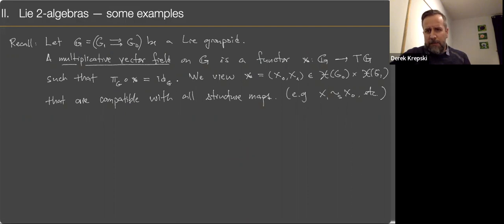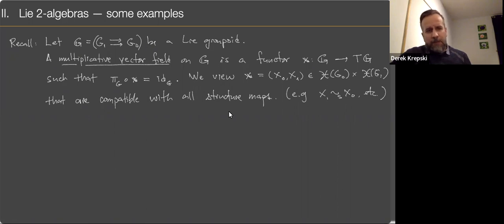It's a functor from the groupoid to the tangent groupoid, and that functor is like a section of the projection from the tangent groupoid TG to G. If you think about what this boils down to, it boils down to a pair of sections: a vector field on the object space and a vector field on the arrows.